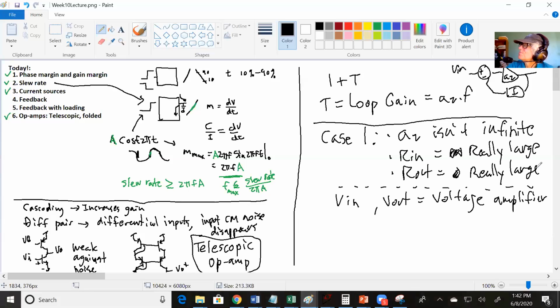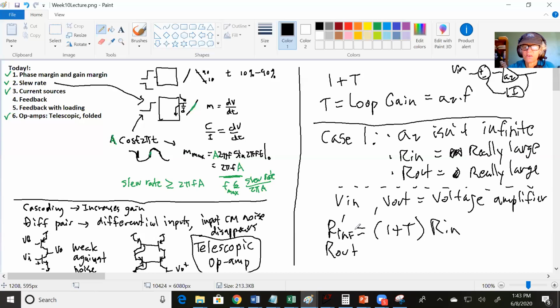So for a voltage input amplifier like we've been using all quarter, do we like a high R in or a low R in? High R in. So there's this magic thing that happens: when you hook a circuit up with feedback, your actual perceived R in after you've hooked it up with feedback is 1 plus T times your original R in. And we'll talk about where that comes from in a minute, but I just wanted to keep going with this 1 plus T.